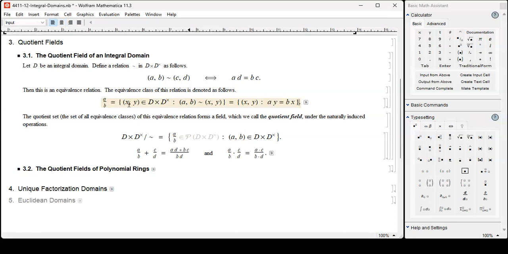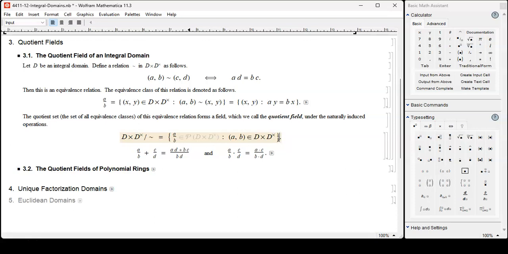Instead of using the traditional expression, a comma b and some bracket or something, I'm writing it as an a over b expression. And then we define the quotient set like this.